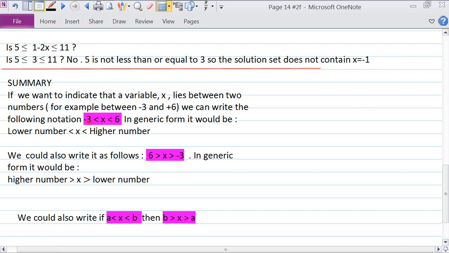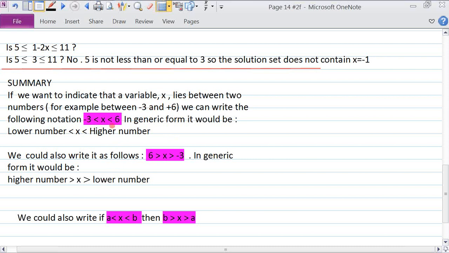So the lower number is always here: minus 3 is less than x, and x is less than 6. 6 is the higher number, minus 3 is the lower number. That's one way of representing that a number could lie between minus 3 and 6. For example, if we chose 0, minus 3 is less than 0, and 0 is less than 6. 0 would lie between minus 3 and 6.